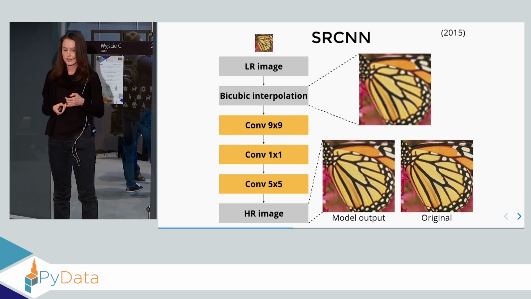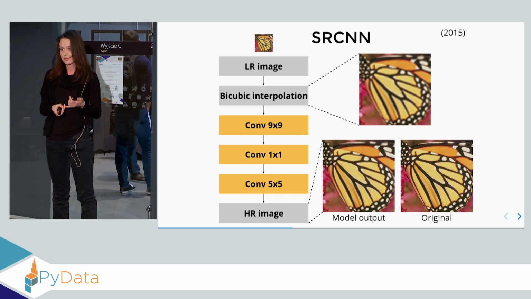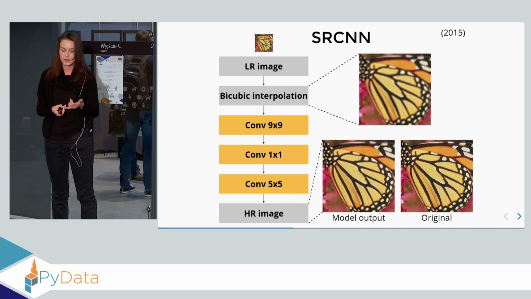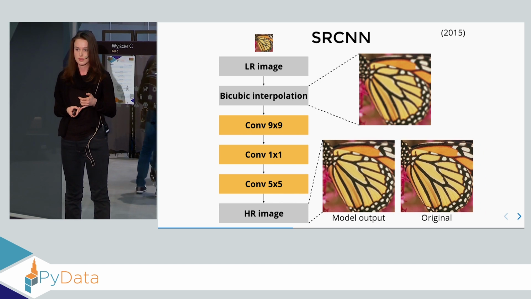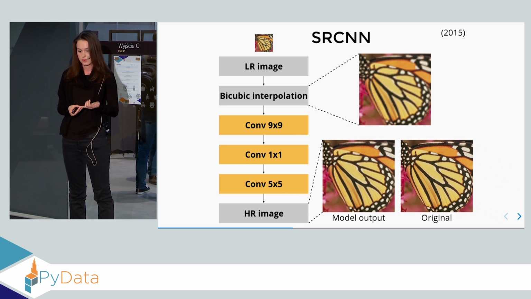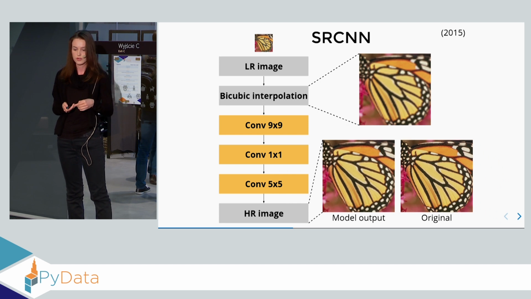The model takes as an input already the big image, but in low quality. And it turns out that okay, we can have good results, but it's really hard to train the network because it is so simple, no regularization, no batch norms. So we had a lot of problems with this network.